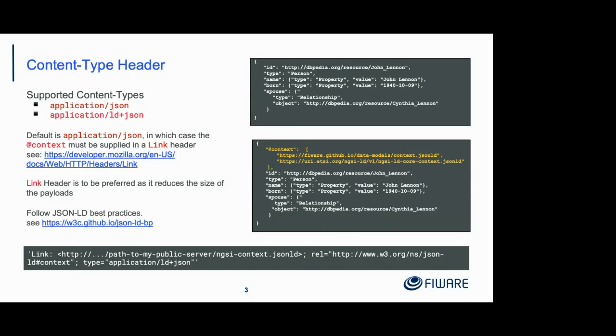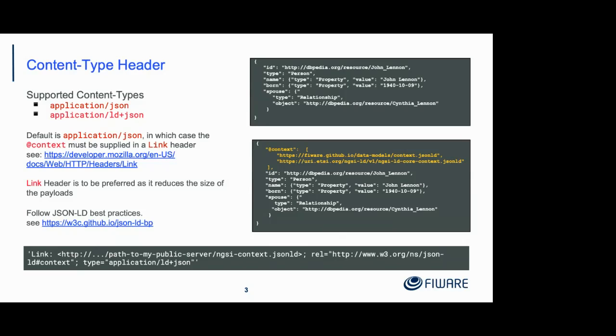You can see on the right of the screen that I am in this case explicitly putting in the two context files which I mentioned earlier, because that way the data I'm putting in, or the data I'm trying to get out, is valid JSON-LD.